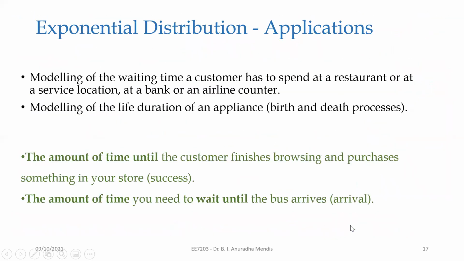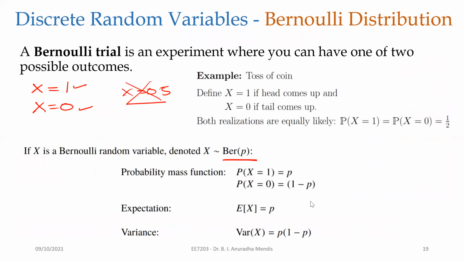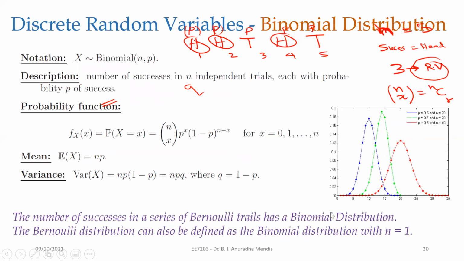That is true, no? When you toss a coin not one time but several times, we call that a binomial distribution. The Bernoulli distribution can also be defined as the binomial distribution with n equal to 1. So if the number of independent trials equals 1, actually this is the Bernoulli distribution.